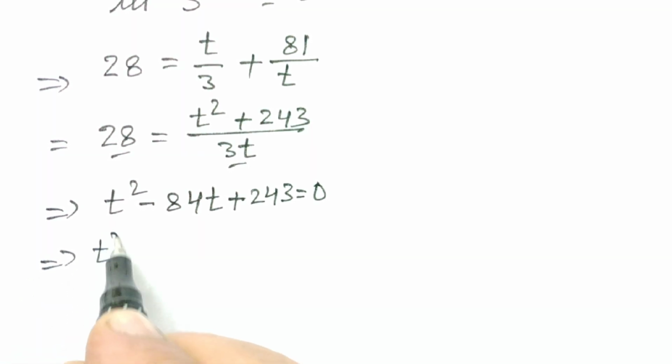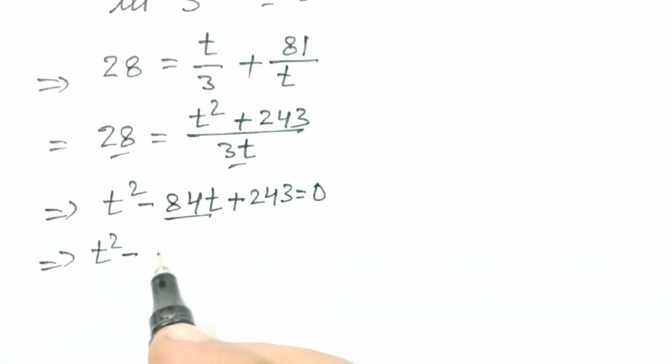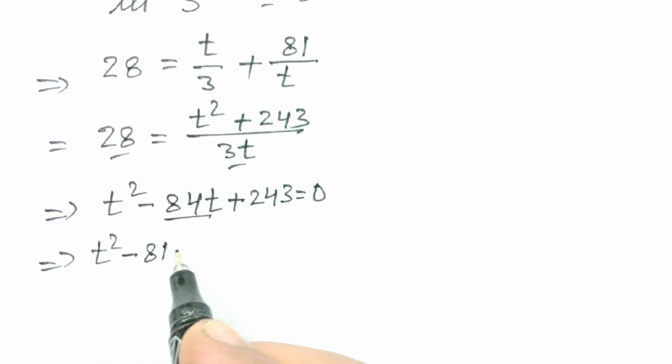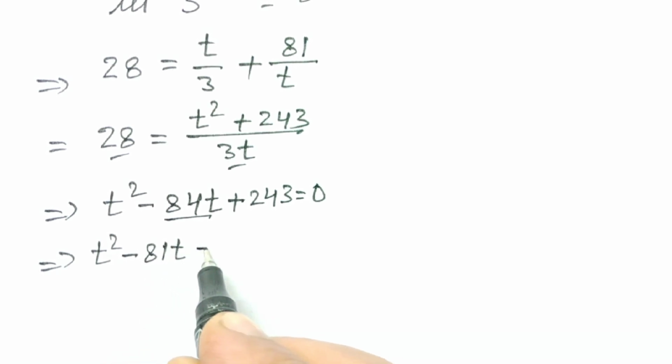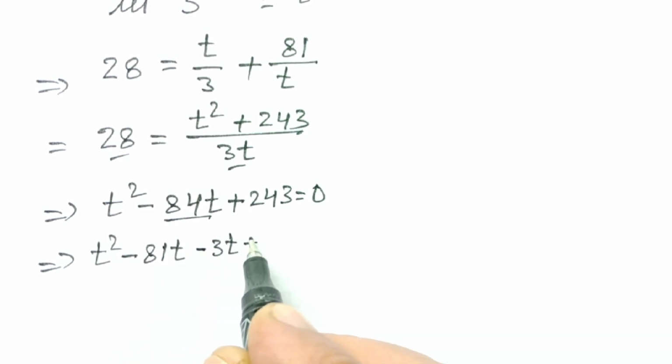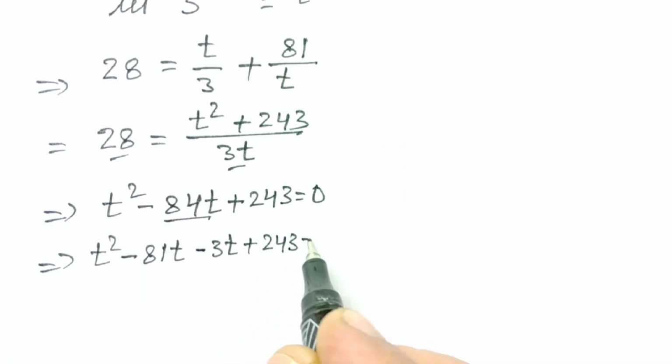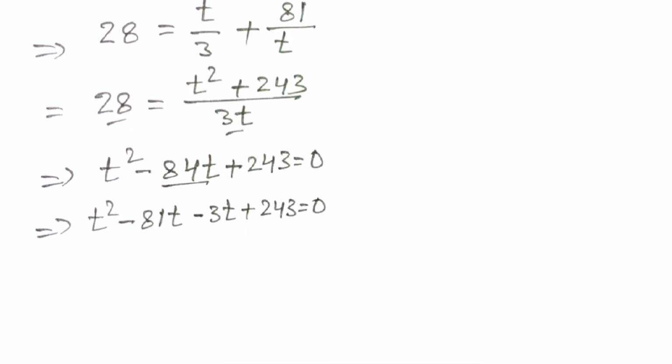If we break this as t square minus 81t minus 3t plus 243 is equal to 0, nice.